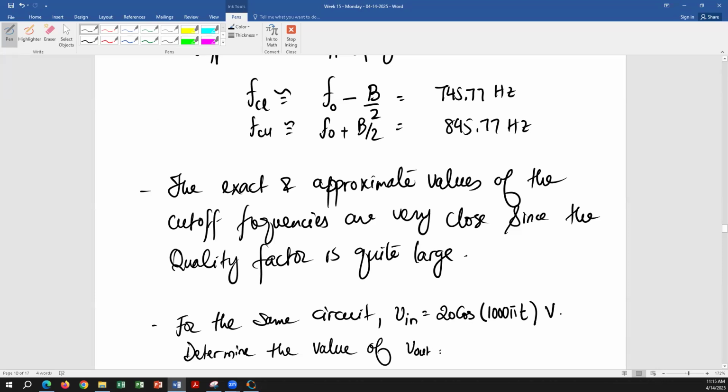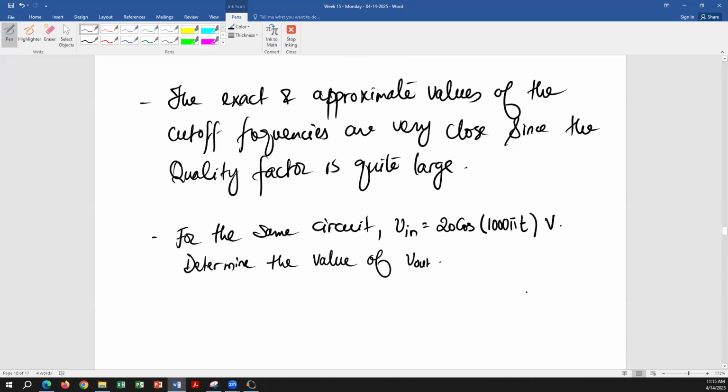Determine the value of V out. Now, if a filter problem is given to you, remember your output is equal to transfer function times the input in a filter.